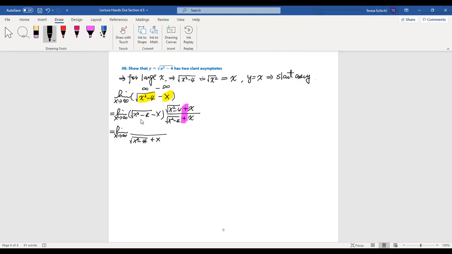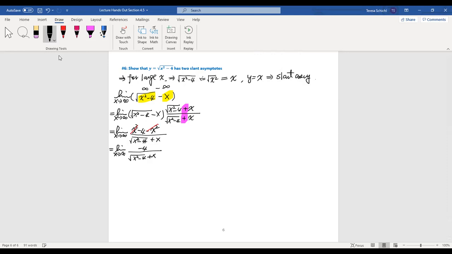Then this is a squared minus b squared, right? So it's a minus b times a plus b, which is a squared minus b squared. See here, then the x squared can cancel. So you have the limit as x approaches infinity of negative 4 over the square root of x squared minus 4 plus x.